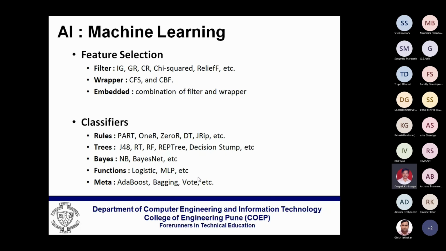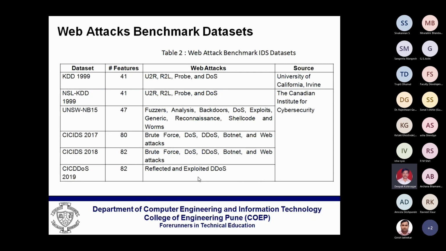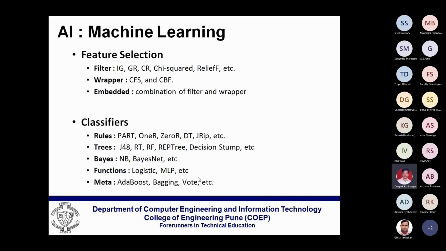Okay. But when we would like to apply different types of feature selection methods, there are so many available. The next set is called wrapper. Wrapper means feature selection methods that operate with the help of a classifier.